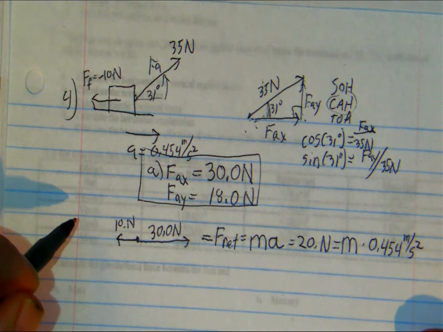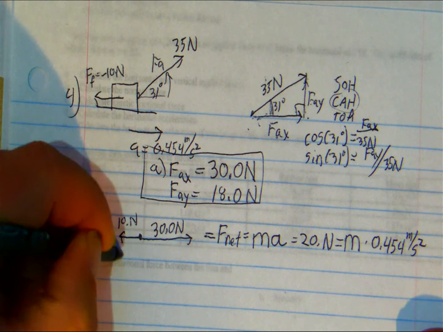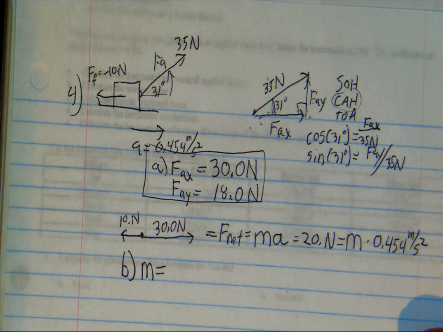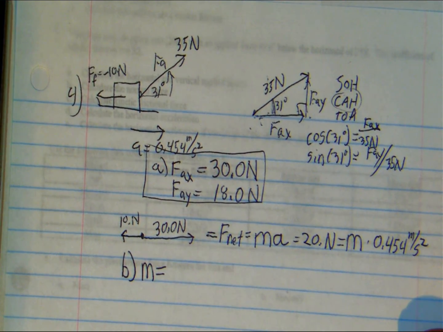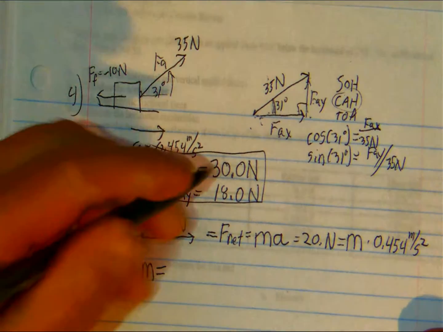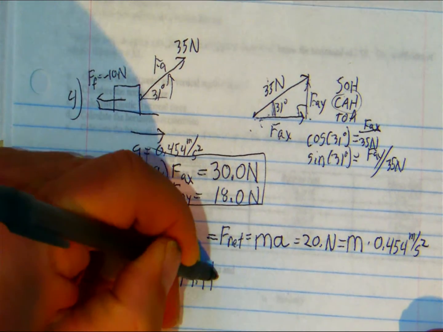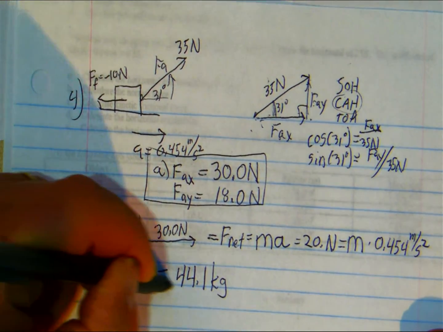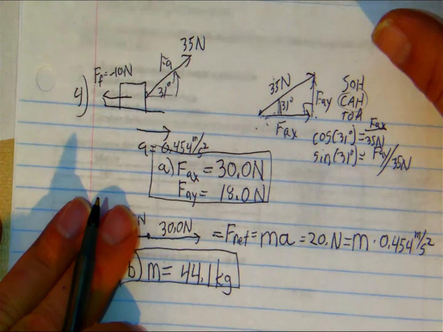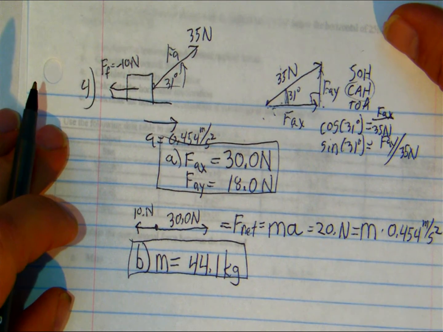Dividing both sides by the acceleration, for part B, the mass is 20 divided by 0.454, enter. I get 44.0528634, which means I'm going to write down 44.1 kilograms. Pretty big block compared to what I normally have you students do.